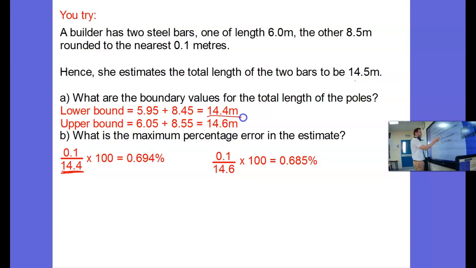We're going to say what if it was the minimum, times it by 100, and we get 0.694%. Then we do this calculation with the upper bound, and we get 0.685, and therefore 0.694% is the maximum percentage error.